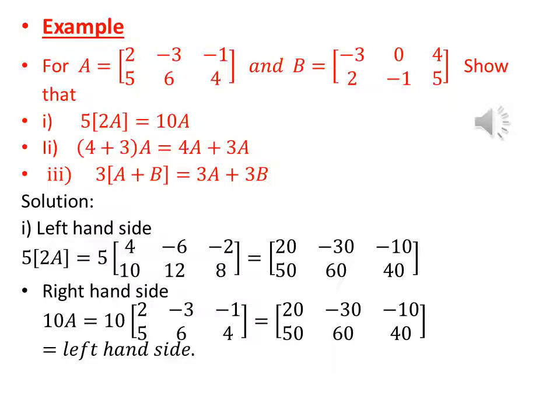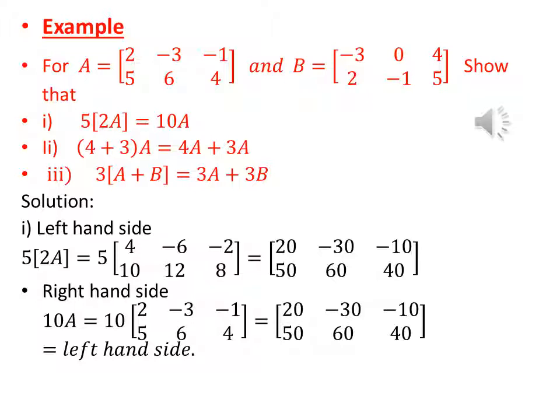First, 5 is outside the matrix. 2A is matrix A times 2, so 2 times each element in A. 2 times 2 is 4, 2 times negative 3 is negative 6, 2 times negative 1 is negative 2, 5 times 2 is 10, 6 times 2 is 12, 4 times 2 is 8.